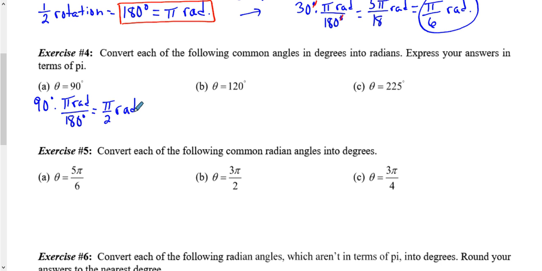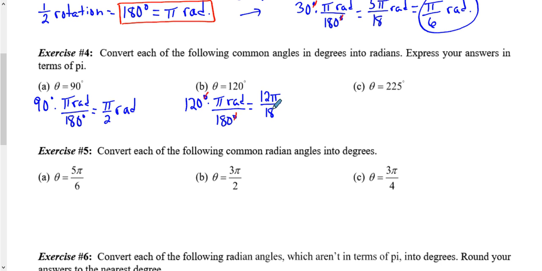Okay? Gosh, we did 120, didn't we? I'll do it again real quick. So we took our 120, and I'll let you guys try the 225. Okay, 120 degrees, right? Times pi radians over 180 degrees, right? So the degrees cancel, right? So we're left with 12 pi over 18, yeah?